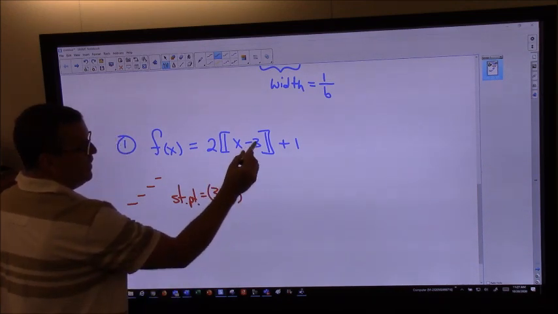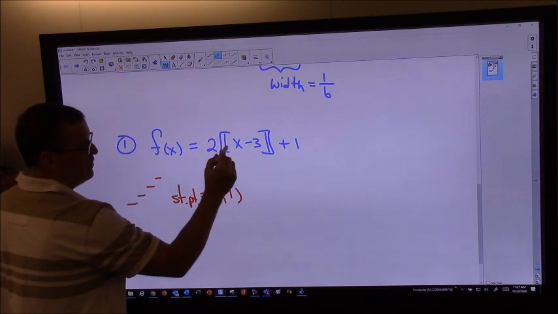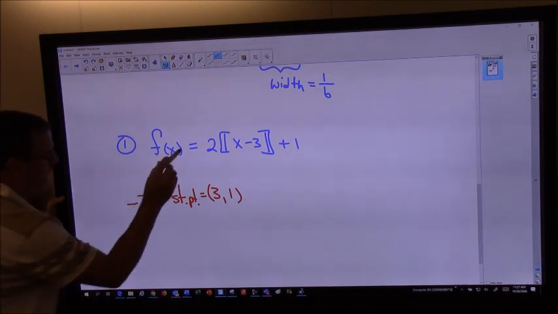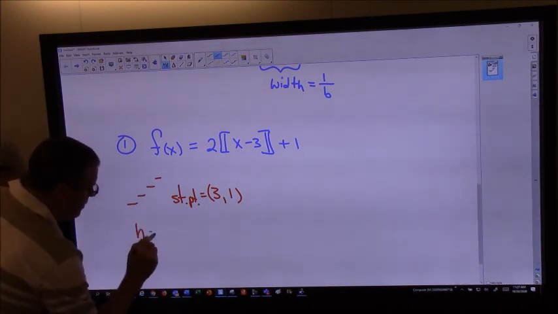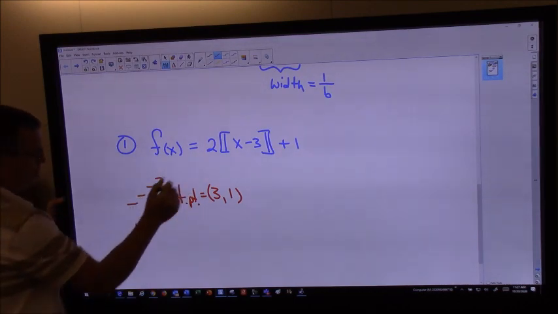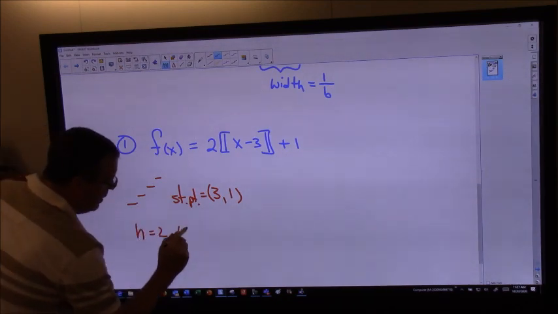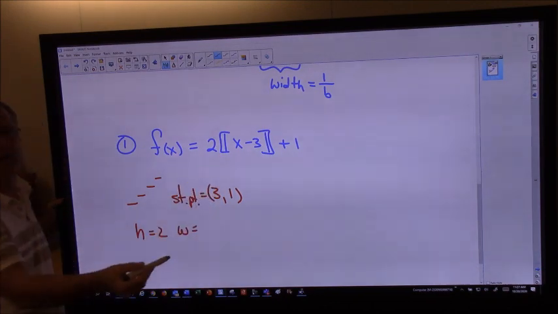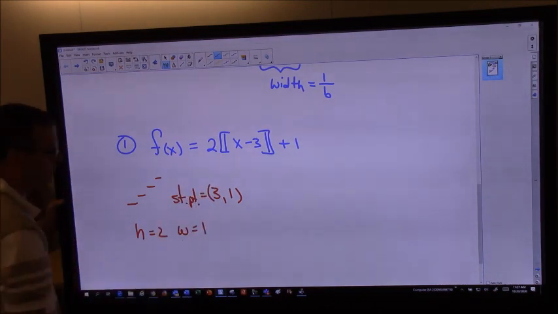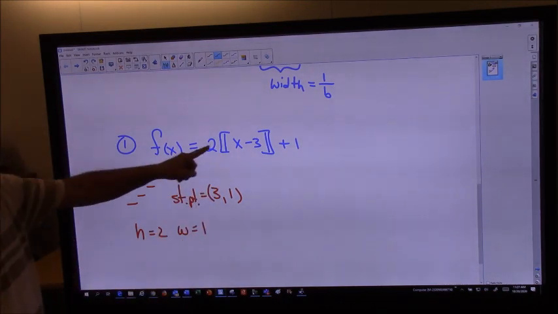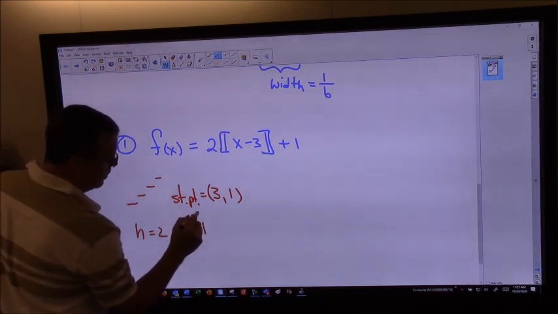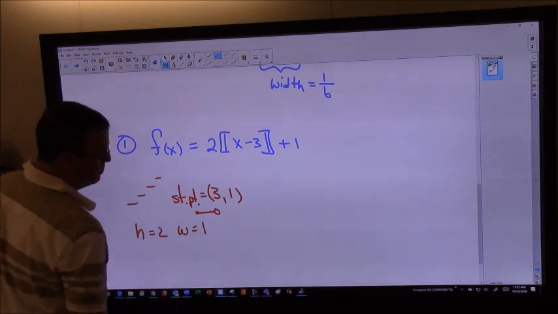Remember, we're doing negative c, so opposite of this, divided by the b value. So there's 3 over 1. Okay? My height for each step is going to be 2 units, that's the a value. And the width is going to be 1 divided by b. So 1 divided by 1 is 1. And since b is positive, it means from my starting point, I want to go this direction and then do an open circle.